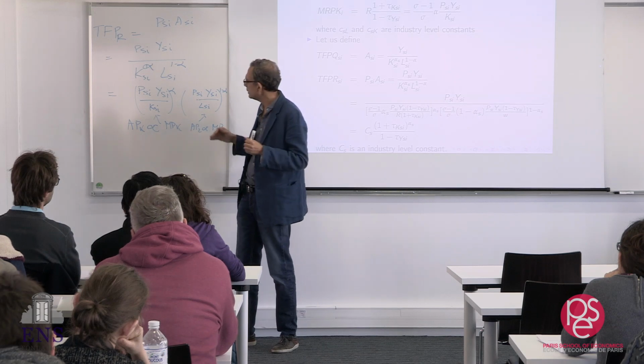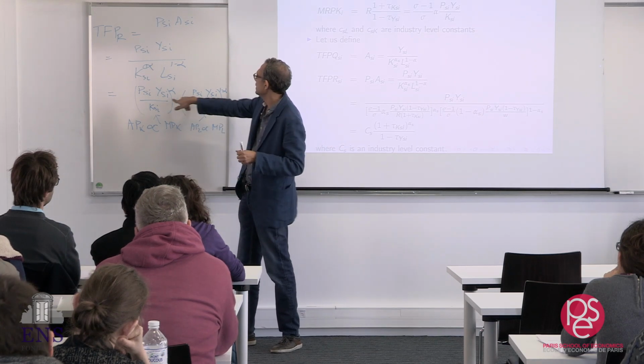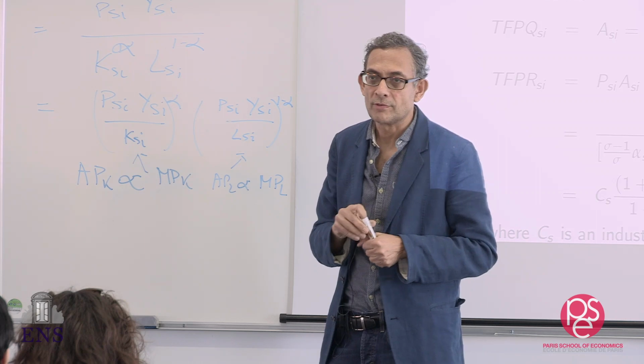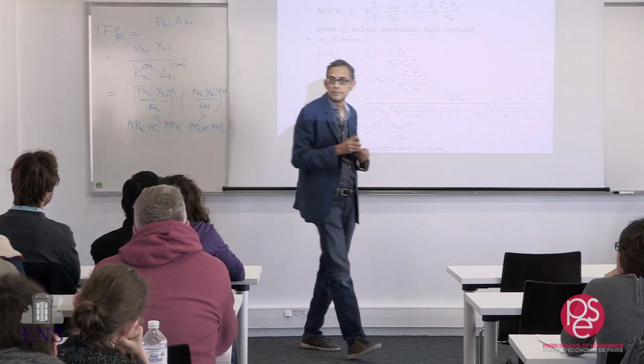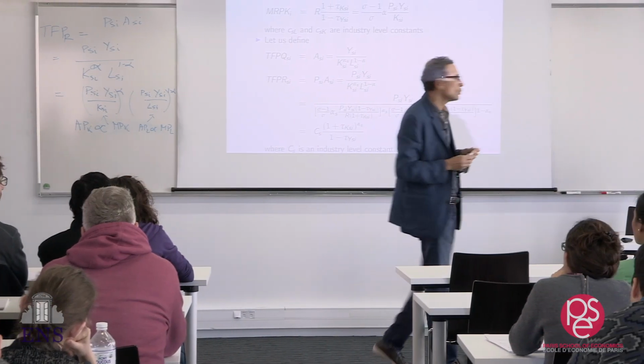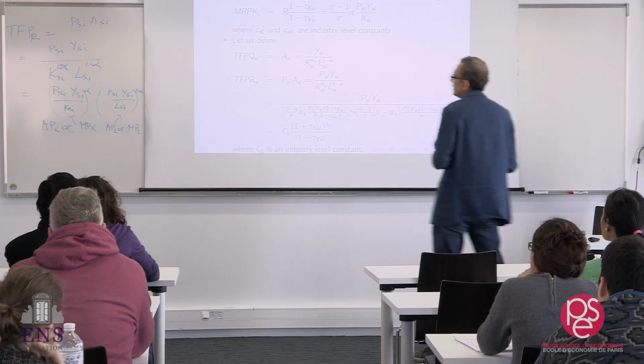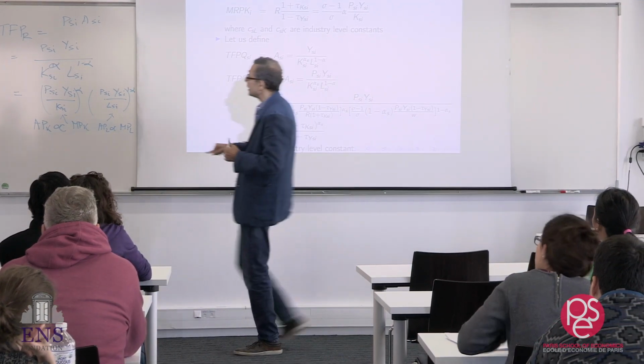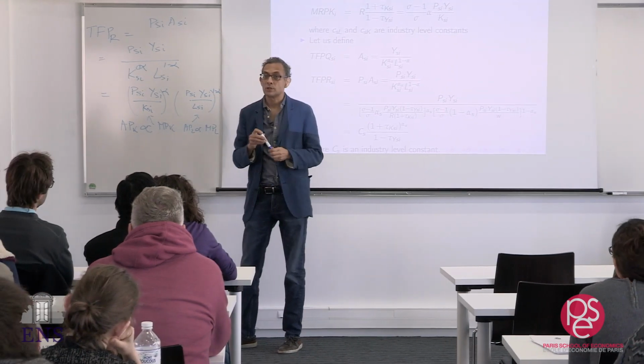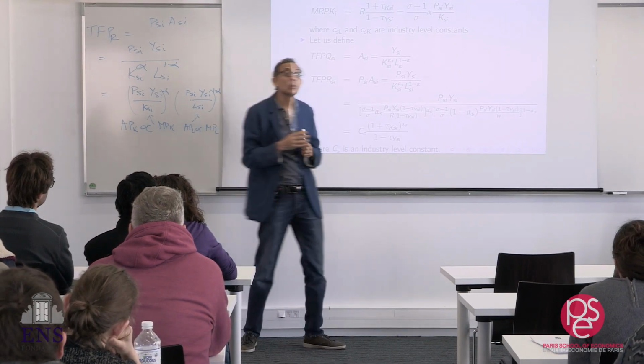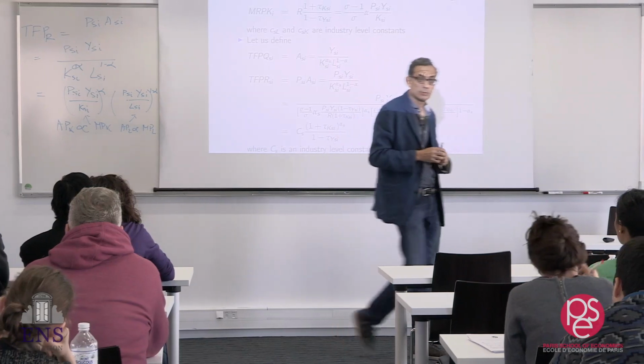They're taking the average product, and this is really just a geometric average of the average products. They're going to compute that number. One thing they need to do in order to compute it is this: it's true that the marginal product is proportional to the average product, but you don't know the constant of proportionality.